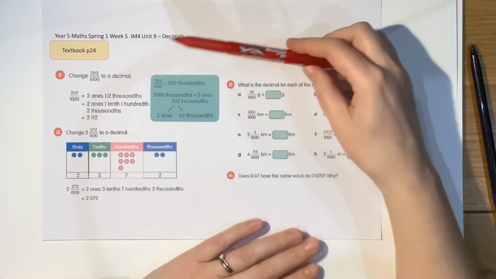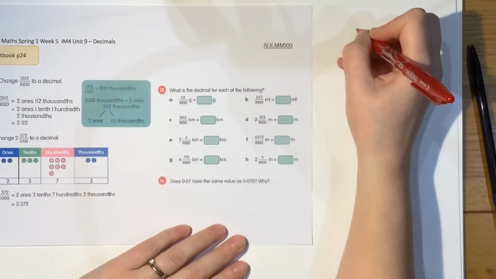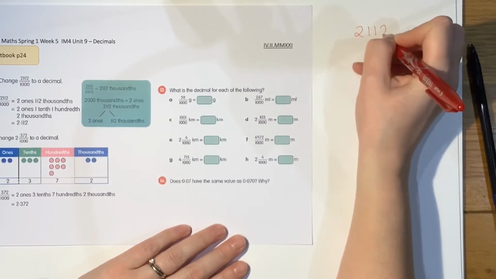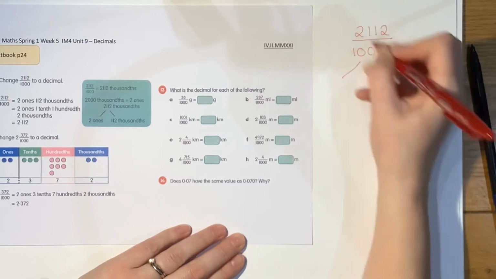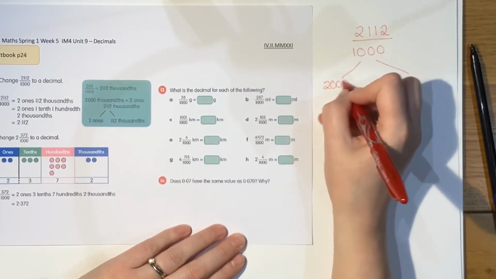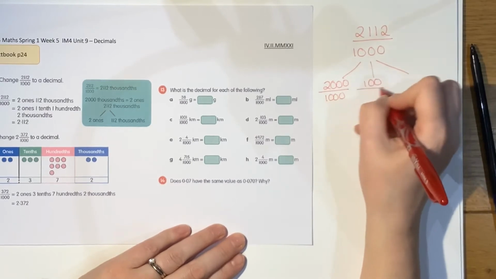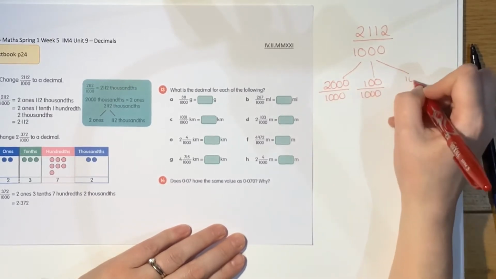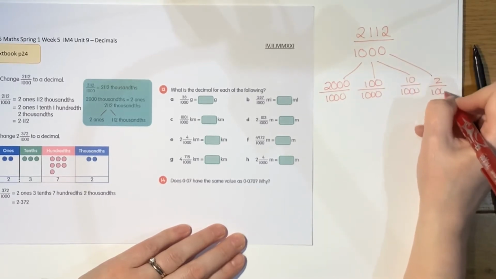Okay, so this time I've got 2,112 thousandths. So I'm going to split that up into 2,000 thousandths, 100 thousandths, 10 thousandths, and 2 thousandths.